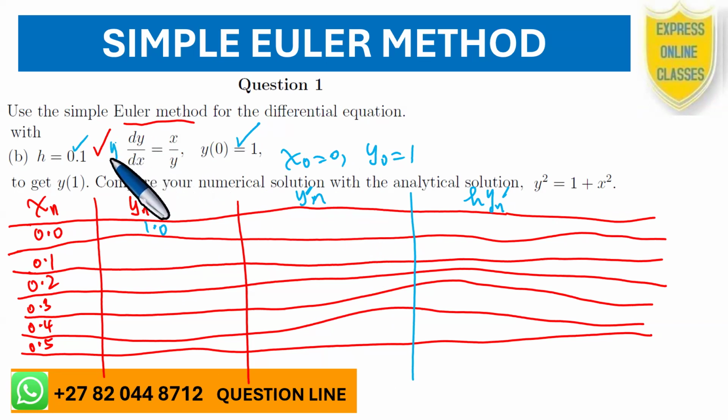So yn primed is xn over yn, giving us 0.0.